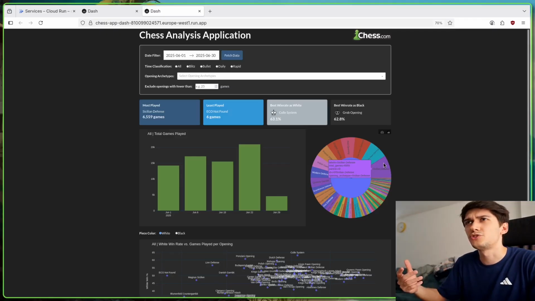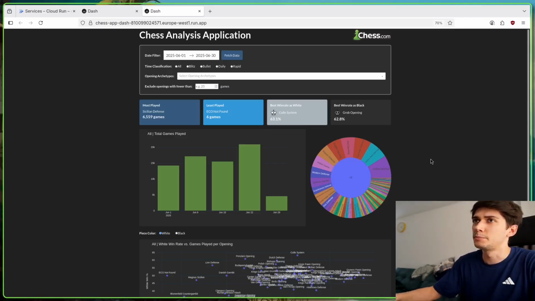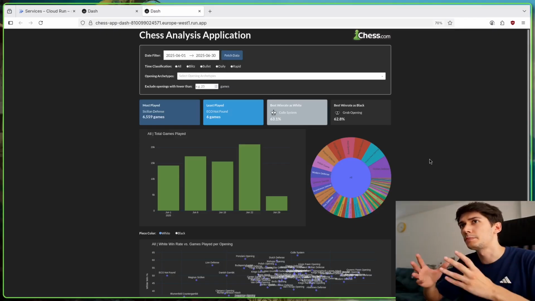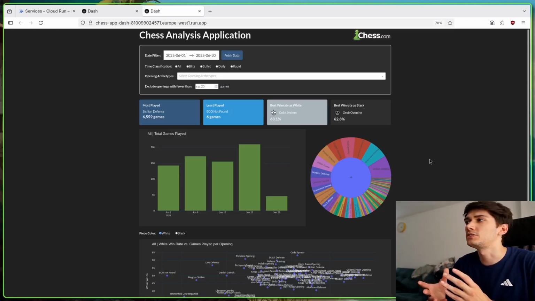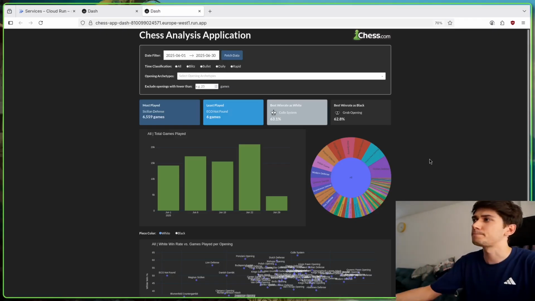Something I should mention is there is literally thousands of chess openings. There's probably roughly close to 3,000. I'm not sure what the total is on the chess encyclopedia, but in order to make it easier to analyze this data, we've got some mapping tables to group up similarly named openings together into an archetype of opening or a family.